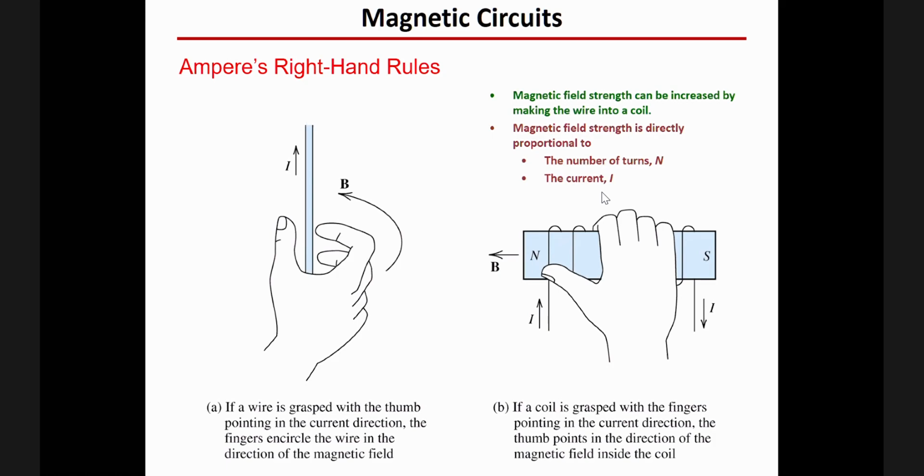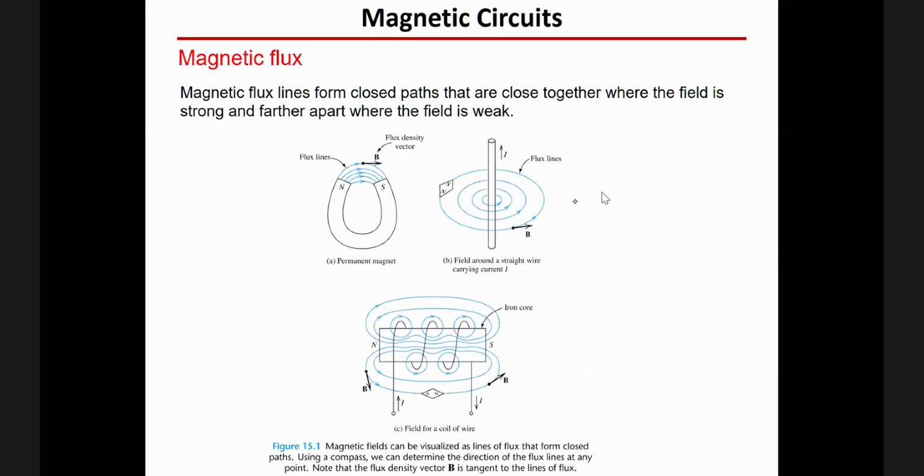So more current in the wire will give you more magnetic field. But there are also other ways to increase the magnetic field. One way is, as you can see in figure B, we can increase the number of turns.